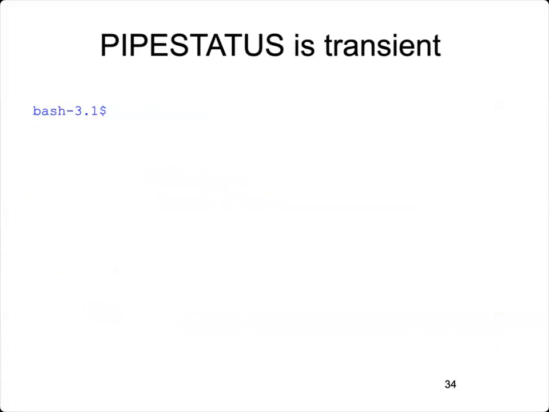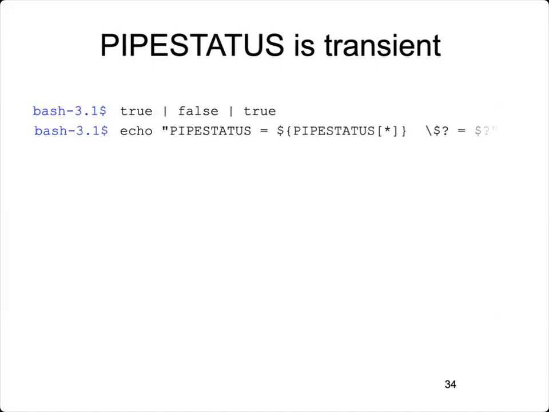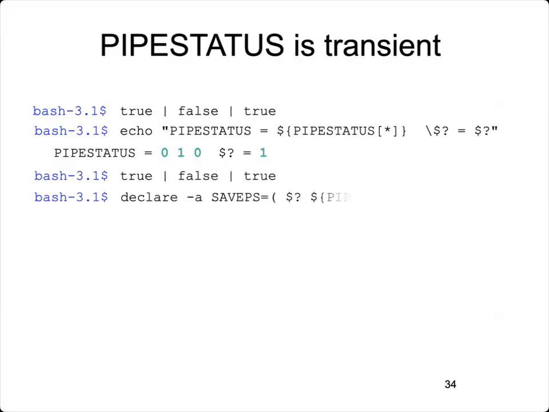So as I previously said, pipe status is transient. So let's just get down to an academic example, true, false, true. This time we're saving it. So what you can do is declare an array that is the saved pipe status.